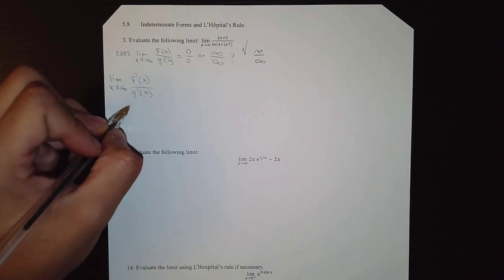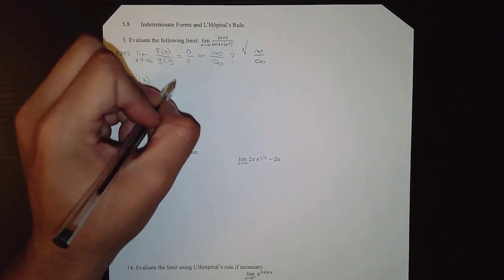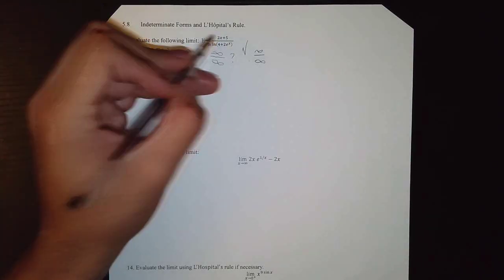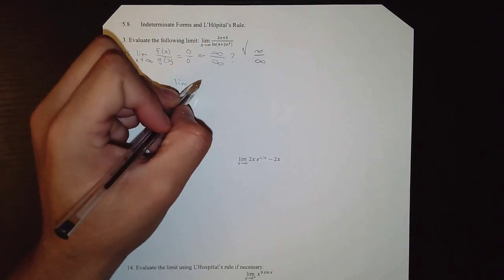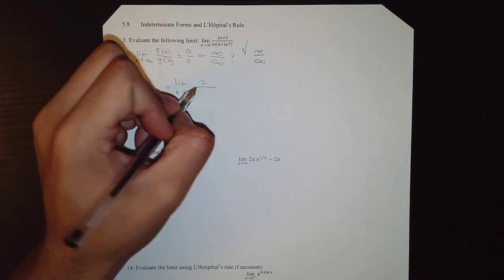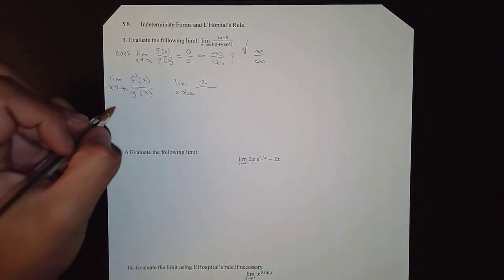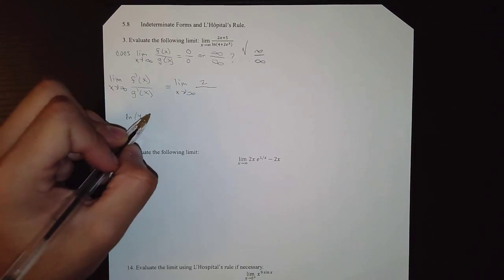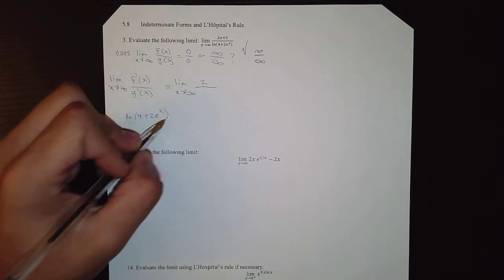Well, f prime of x would be just the derivative of 2x plus 5, which is just 2, divided by g prime of x, the derivative of the natural log of 4 plus 2e to the x.